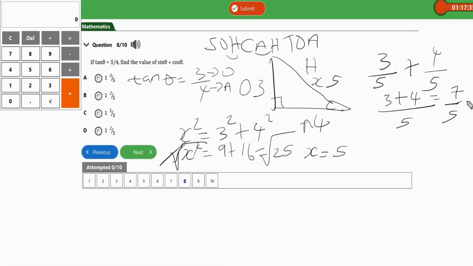When you convert this into a mixed fraction, 5 into 7 is one whole number, remainder 2/5. 5 times 1 is 5, plus 2 is 7. Still gives you 7/5. So the correct option in this question is Option B, 1 whole number 2/5. It's as simple as this. So let's wipe this now, solve the last question, and after that you can call it a class.